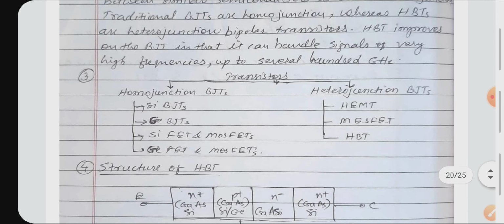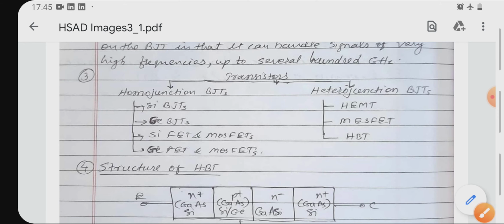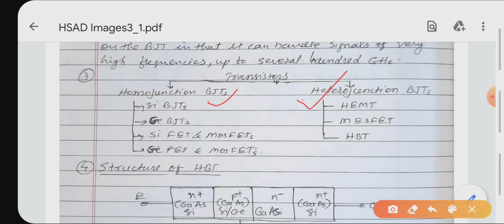Okay, so transistors can be of two types based on this: heterojunction and homojunction. All silicon and germanium based BJTs, as well as silicon and germanium based FETs and MOSFETs, come under the category of homojunction transistors.